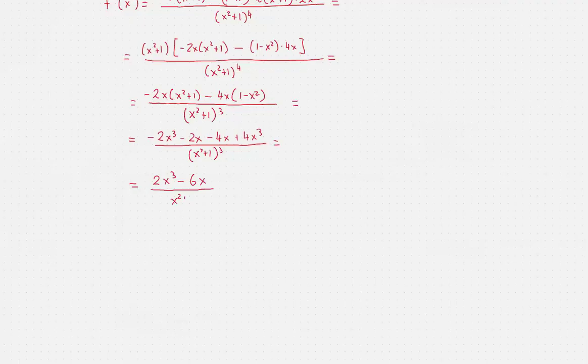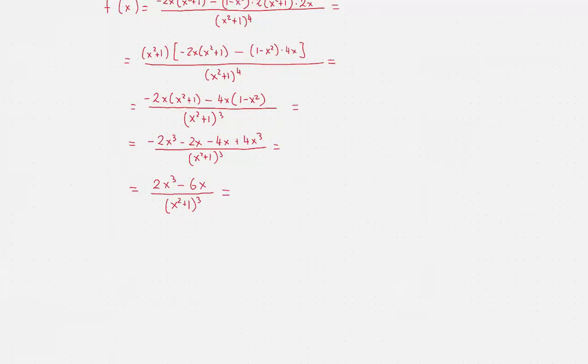And since we will want to set this equal to 0, it might be a good idea to factorize it. So we can factor out the 2x, and we will have an x squared minus 3. And if we think of 3 as square root of 3 all squared, then this will be 2x times x minus square root of 3 times x plus square root of 3. Or we could use our quadratic formula.